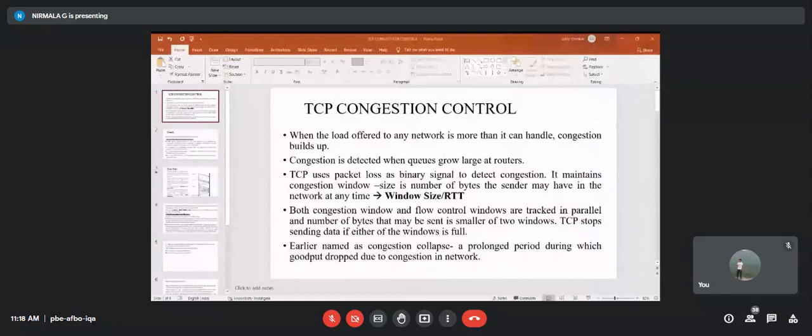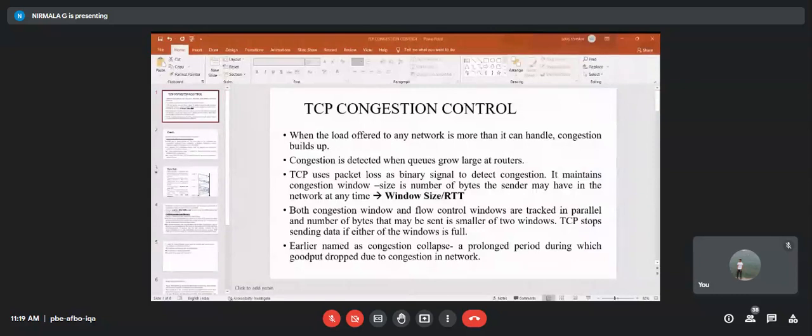This congestion window can also be defined by a parameter like window size divided by RTT. Window size is the buffer available at the receiver, and RTT is the round trip time. This parameter can define the size of the congestion window. Earlier it was called congestion collapse. Congestion collapse is a period where the throughput of the network drops due to congestion.